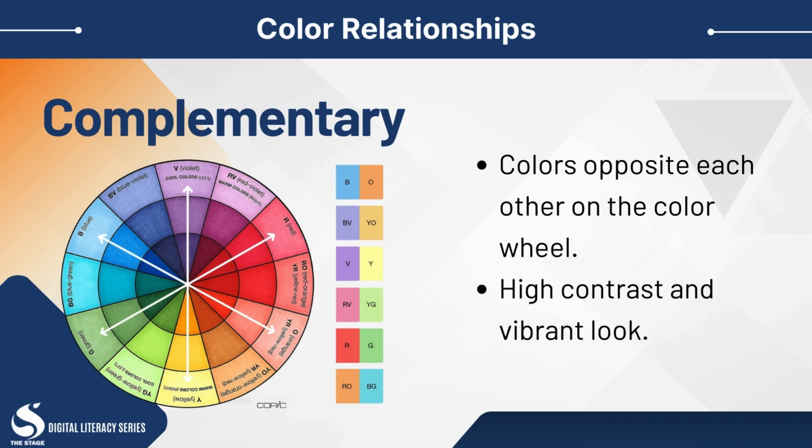If you have blue violet, opposite is yellow orange. If you have violet, opposite is yellow. Those colors are completely opposite each other on that color wheel, and those usually create the highest contrast and really a vibrant look.